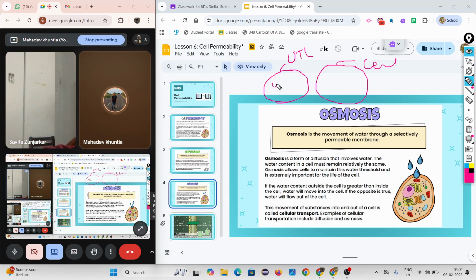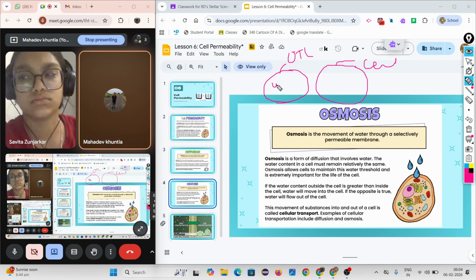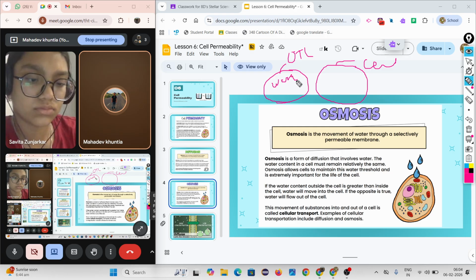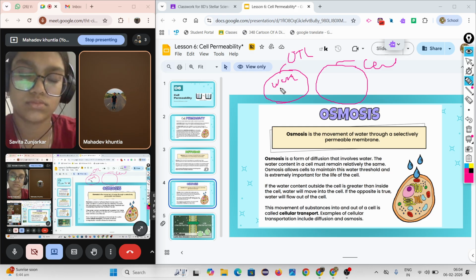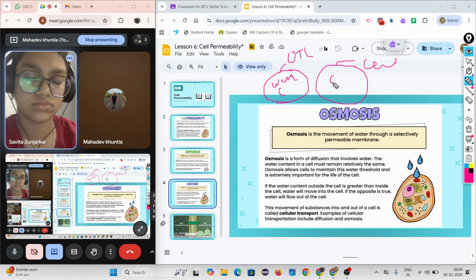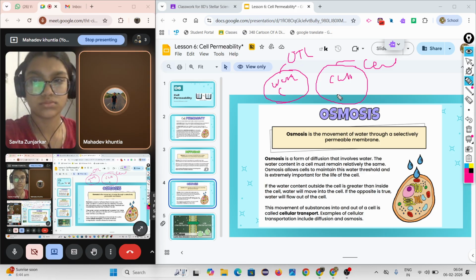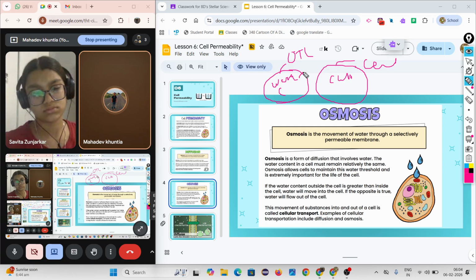If the concentration of water is high outside the cell and low inside the cell, the water goes inside the cell.